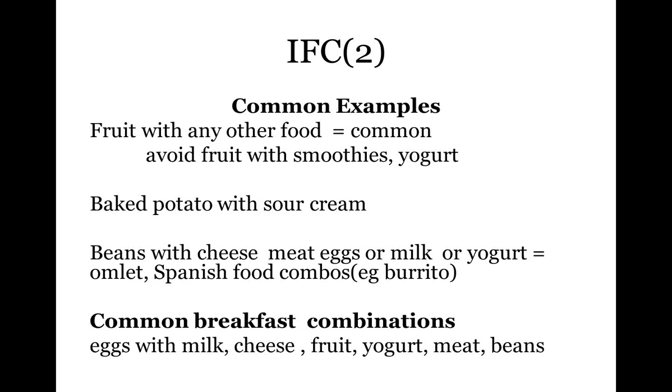Beans with cheese, meat, eggs, milk, or yogurt equals an omelet or a Spanish food combination, such as a burrito with cheese with the beans. Common breakfast combinations, such as eggs with milk, eggs with cheese, eggs with fruit, eggs with yogurt or meat, eggs with meat or beans, are all really bad combinations.